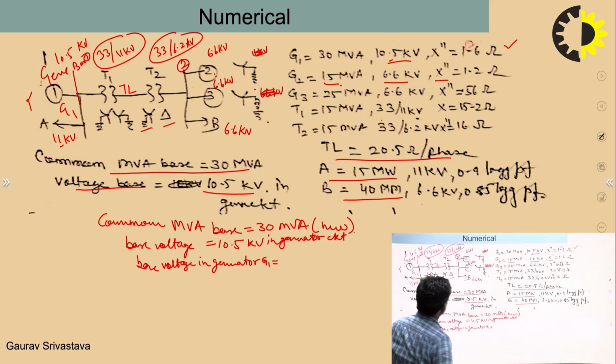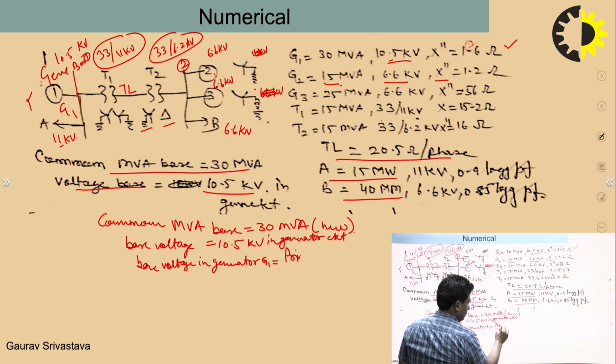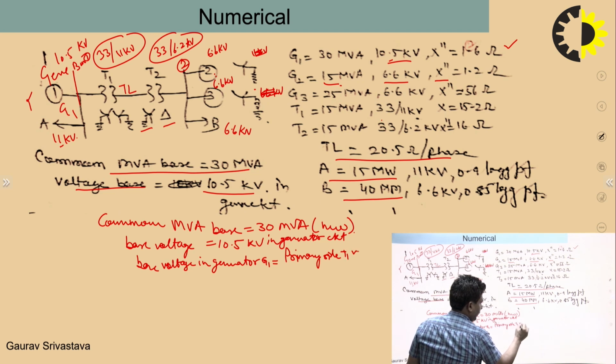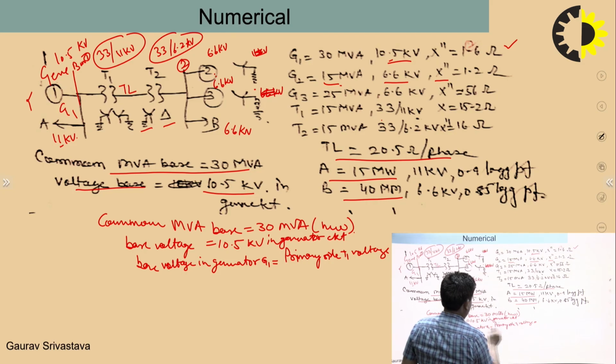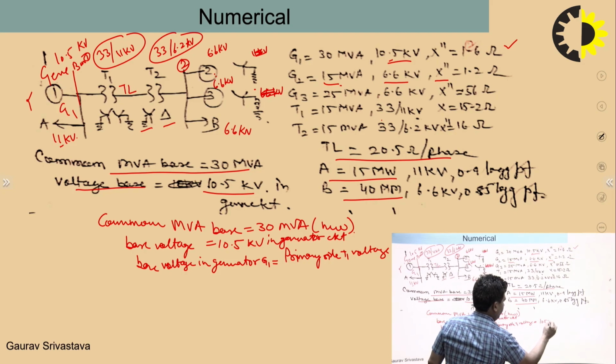This voltage is equivalent to the primary side of T1, so the primary side T1 voltage is also 10.5 kV.